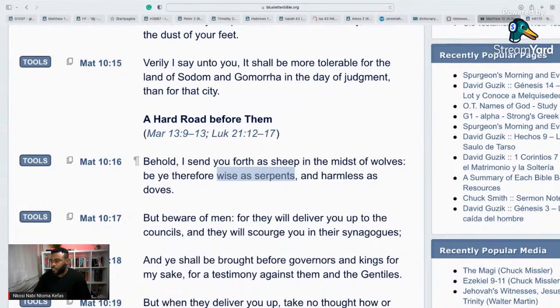Yes, and also the symbol of the continuation of life, or the cycles of life, birth and rebirth, for example. That's all what the serpent symbolized in ancient African Bantu culture.